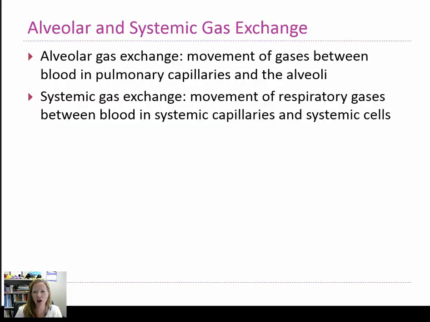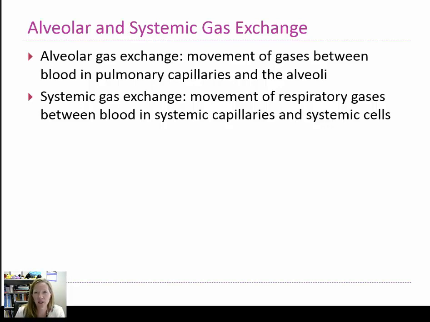Remember that alveolar gas exchange is when gases are being exchanged between the alveoli and the pulmonary capillaries. Depending on if it's oxygen, it's moving from the alveoli into the bloodstream, or if it's carbon dioxide, it's moving the opposite way, from the bloodstream into the alveoli. Systemic gas exchange is what's happening once that blood transports the gases.